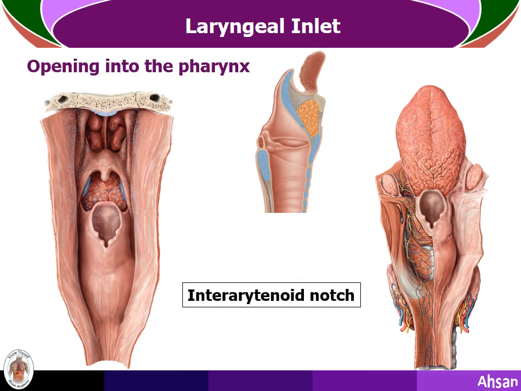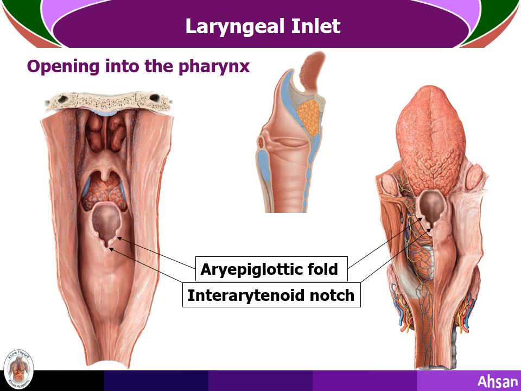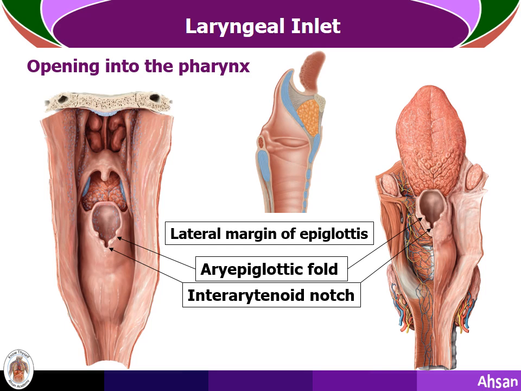This has some features here. The interarytenoid notch is this one, a curved fold of mucosa between the tips of the arytenoid cartilages. Then we get the aryepiglottic fold, meaning arytenoid tip to epiglottic base, and then the lateral margin of the epiglottis covered by the mucous membrane.